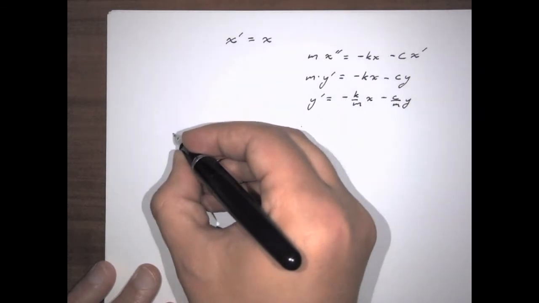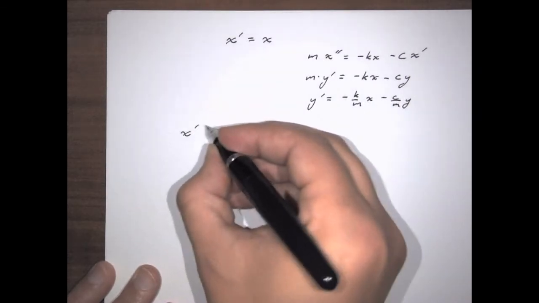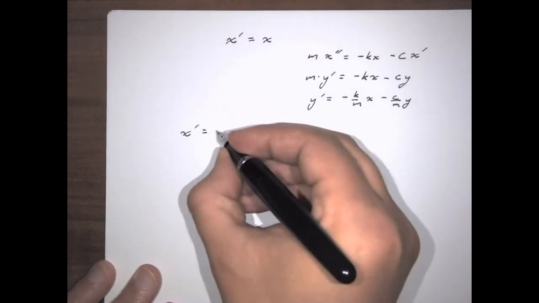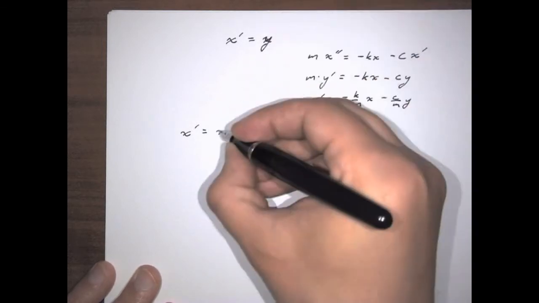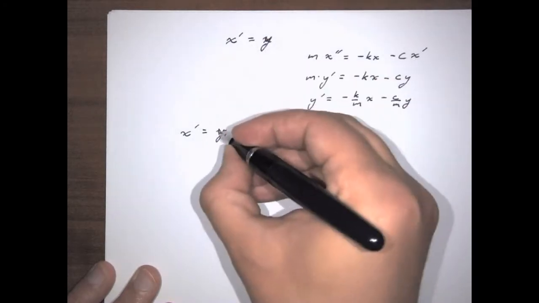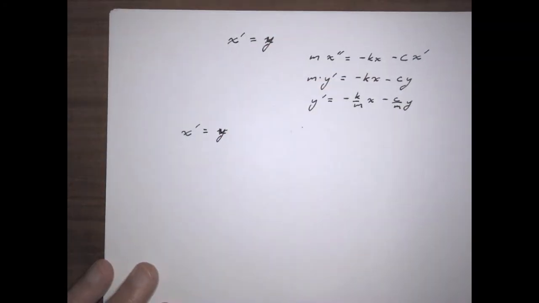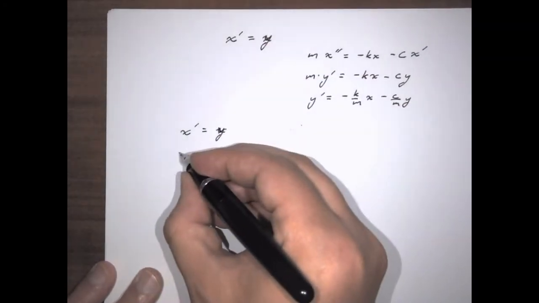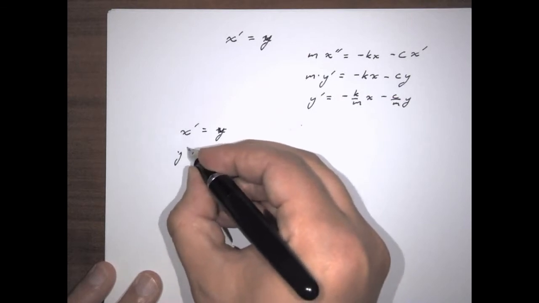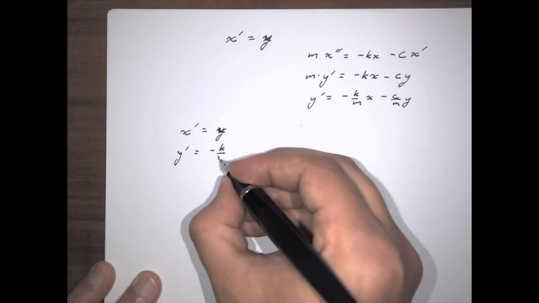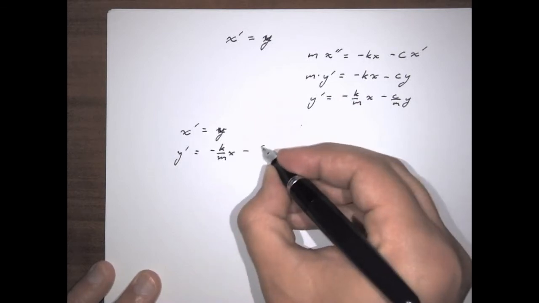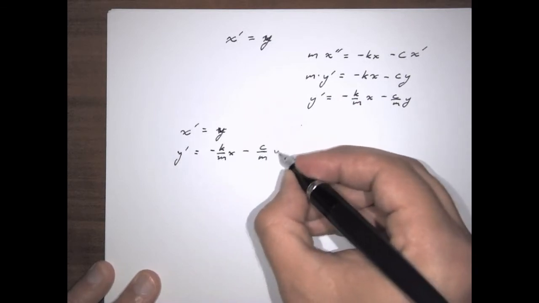So then the system will look like x prime, sorry, x prime equals y. Probably we're all slapping our foreheads for minutes on end there. Then y prime is equal to negative k over m times x minus c over m times y.